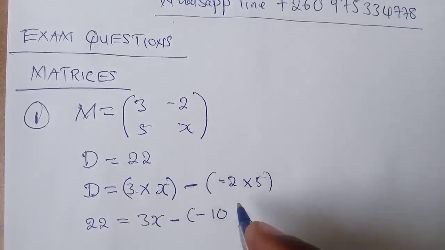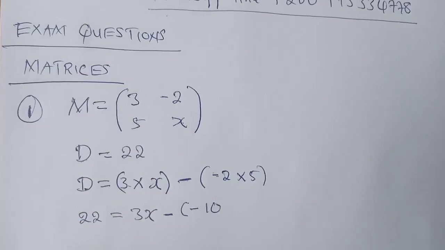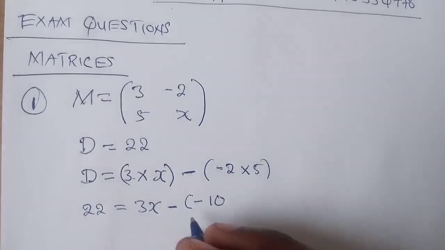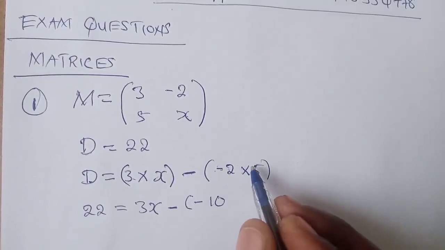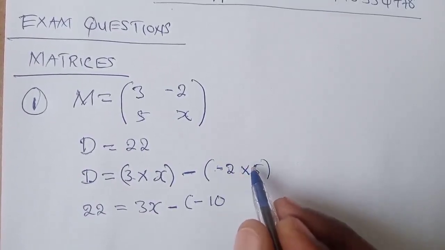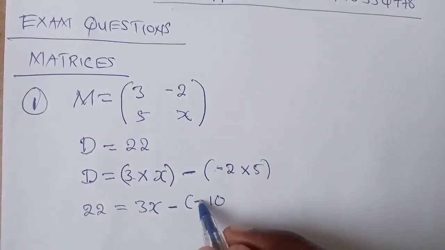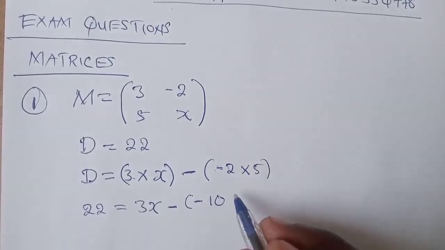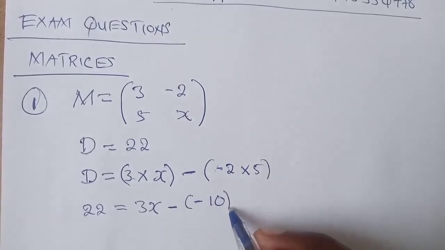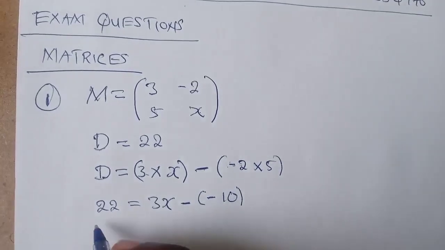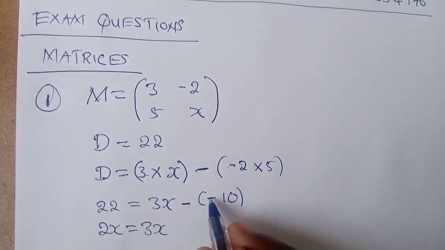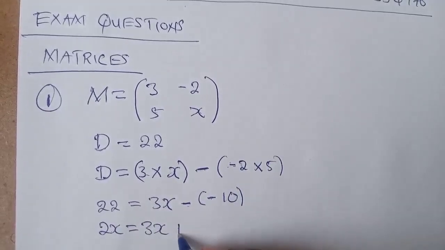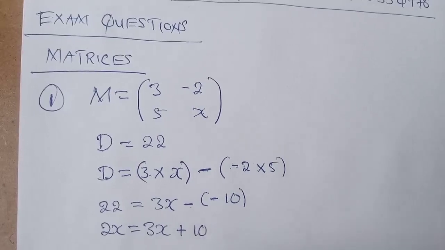-2 times +5 is -10, because when we say negative times, and this is a positive sign, negative times positive will give you negative. Then minus -10: negative times negative is positive 10. So 22 is equal to 3X plus 10.